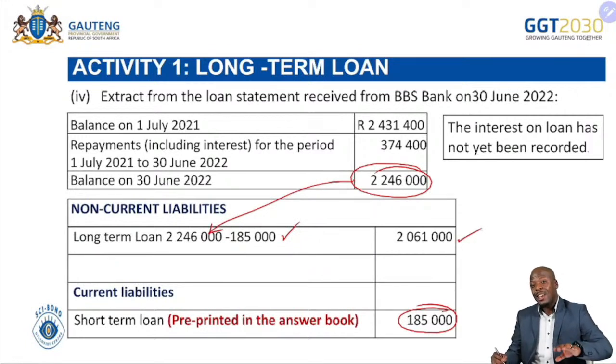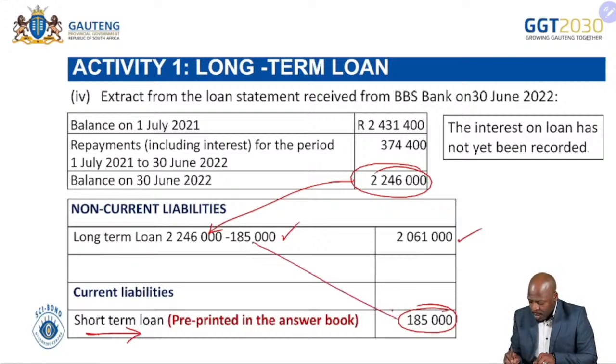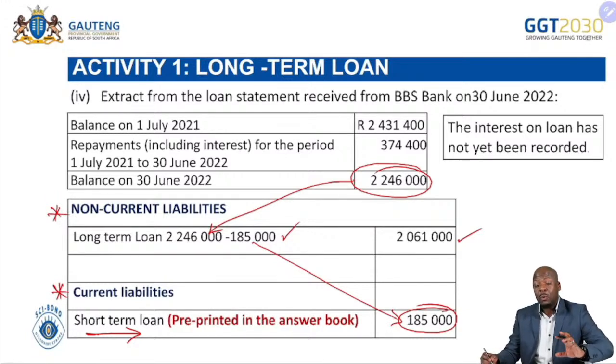In this question, they wanted to test, do you know that if you have a short-term loan here already, it means you would have subtracted it from there? Because here it is under your non-current liabilities, but here you are bringing it to your current liabilities. As long as the loan is going to be paid within the next 12 months, it ceases to be a non-current liability. It becomes a current liability.